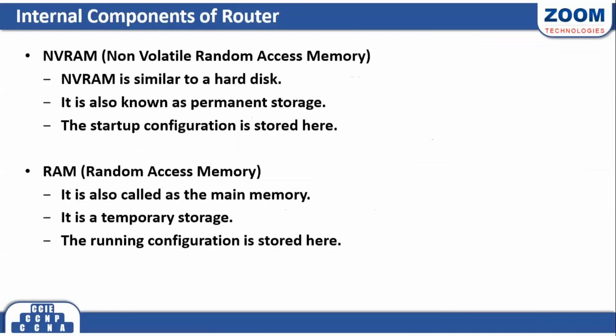NVRAM, RAM. NVRAM is similar to a hard disk. It is known as permanent storage. The startup configuration is stored here. RAM is main memory, temporary storage, with the running configuration file. NVRAM has the startup config file. RAM has the running configuration file.